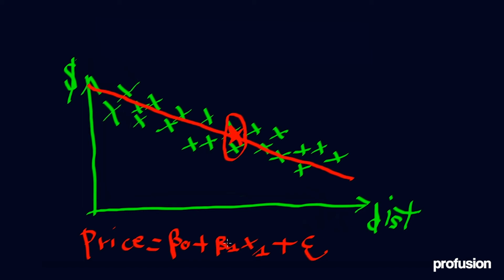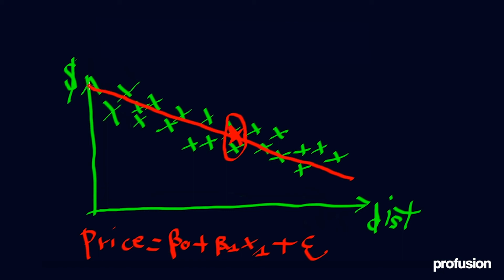And then this beta 1 x1 is this variable of distance. So x1 tells you how far am I away from the beach, and beta 1 tells you, okay, how much should I subtract from beta 0 to get the right house price.